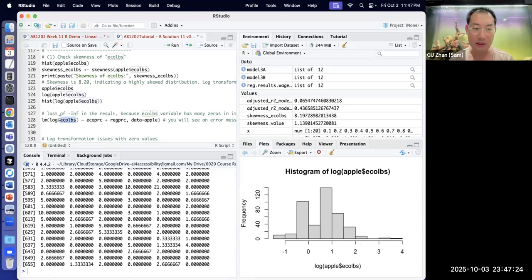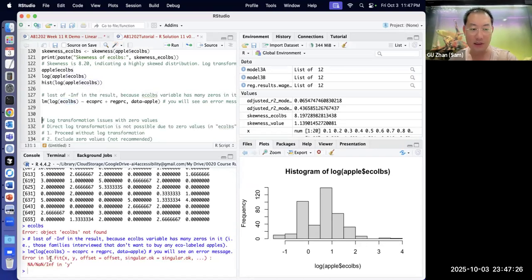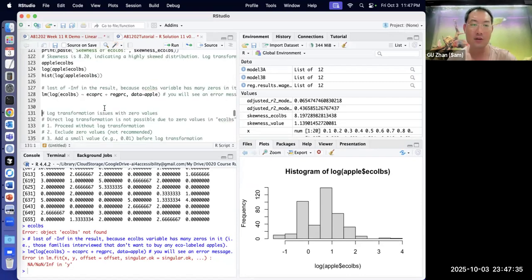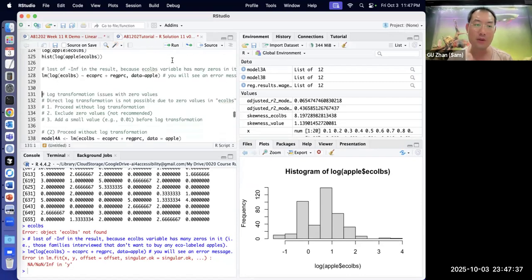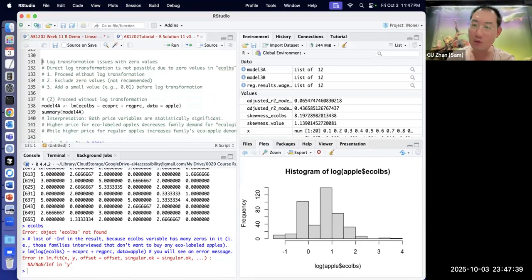So if you say that you want to run this model, then you run it, you will see some errors about infinite values. So it can't work in this linear regression model. This is the problem with log transformation with zero values.